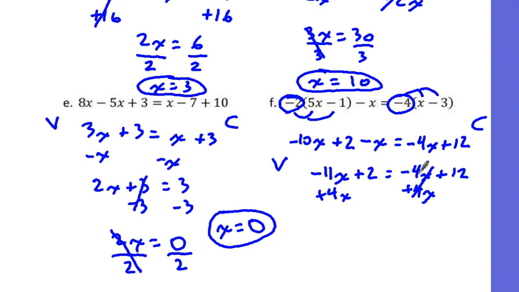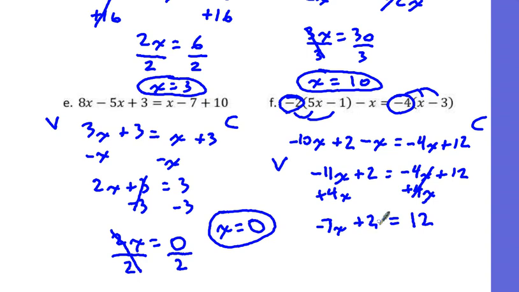Again, -4 and +4, the subtraction and addition are inverse operations, and therefore will add together to be 0, leaving us on the right side with just a +12. And on the left side, -11x plus 4x is -7x, and the +2 will come down.